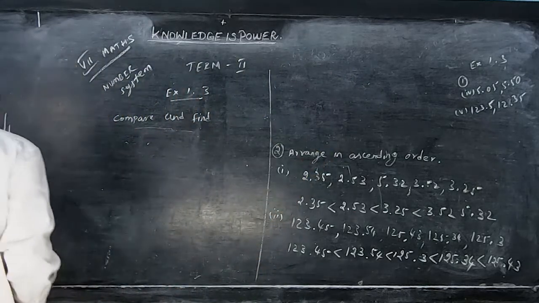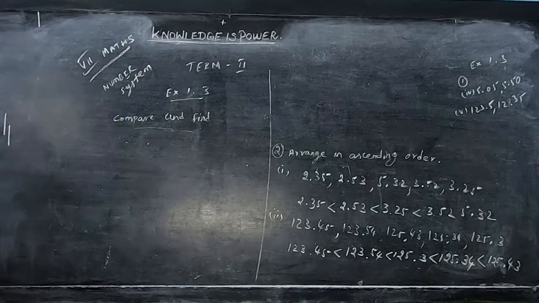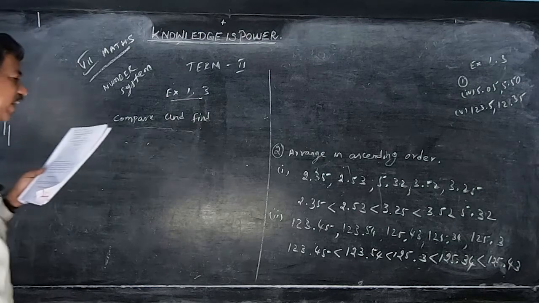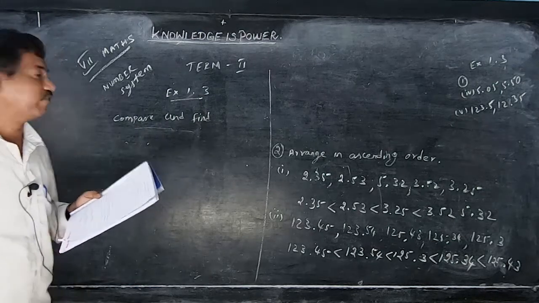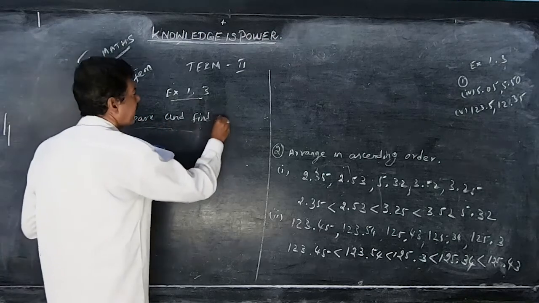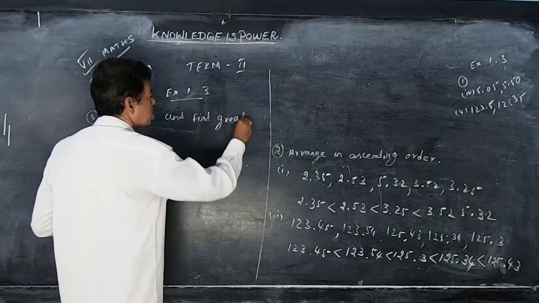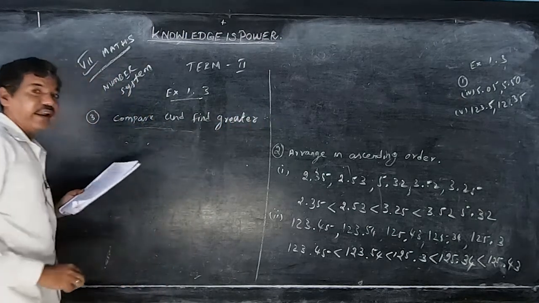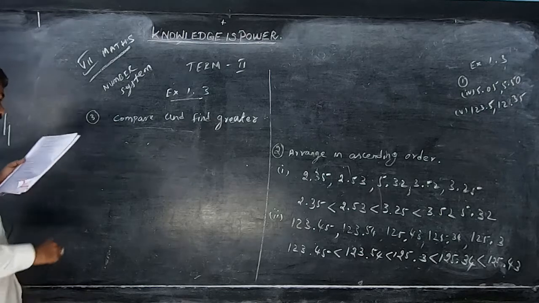Question number 3. Compare the following decimal numbers and find the greater. Earlier we found the smaller, now we have to find the greater, the bigger number.